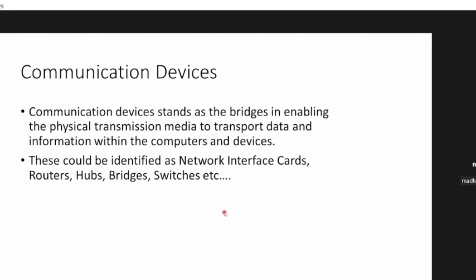There are many communication devices that we will discuss later, such as the network interface card, which is the card you have in every device connected to the network. The network interface card is what enables your laptop to connect to the internet or any network. Without it, you cannot connect your laptop or desktop to a data network. Then you have routers, hubs, bridges, switches, many different types of communication devices used in different places of a network to provide communication.